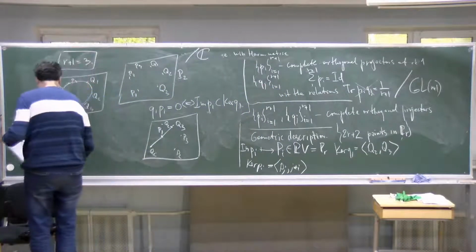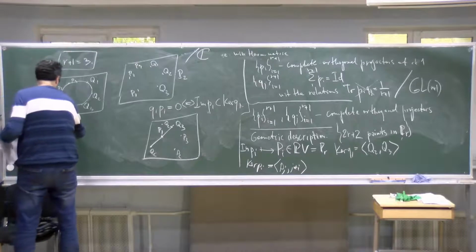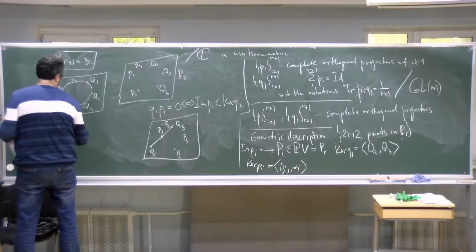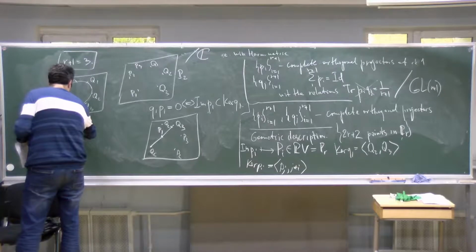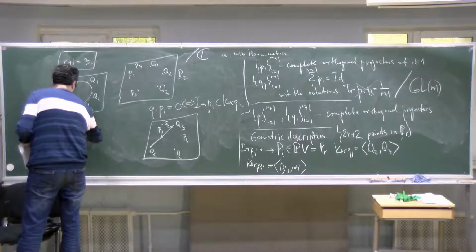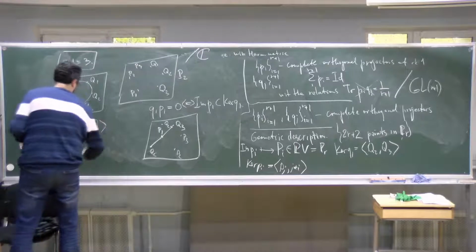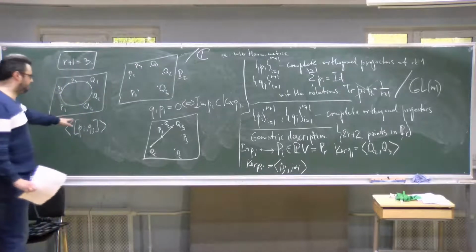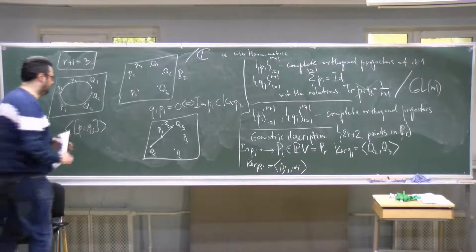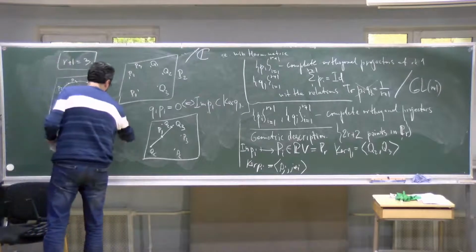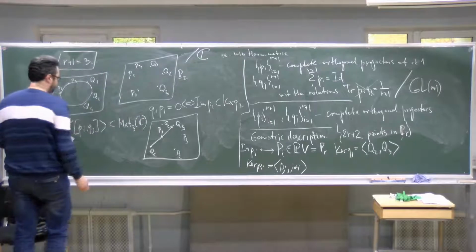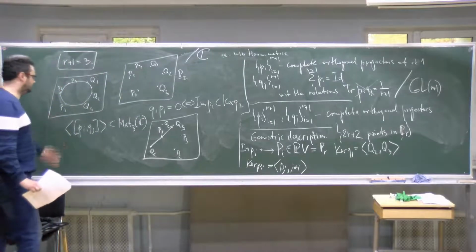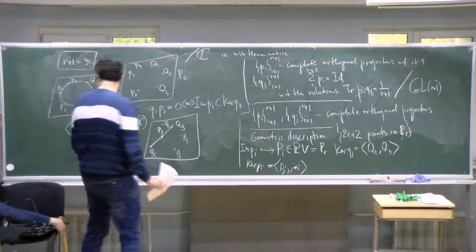In terms of projectors, I would like to formulate this degeneration as follows. Consider the subspace generated by all commutators in the space of matrices.